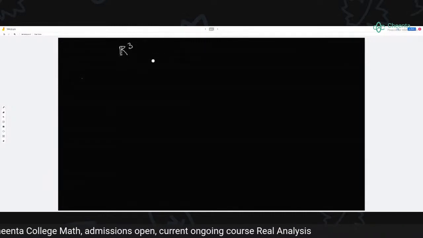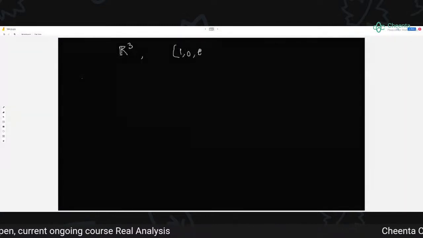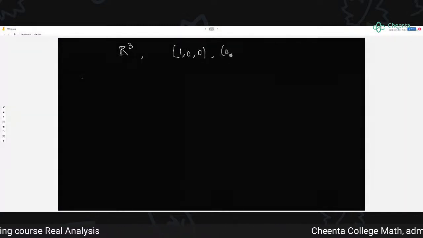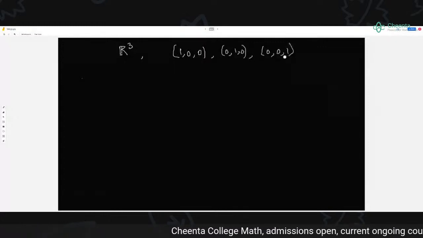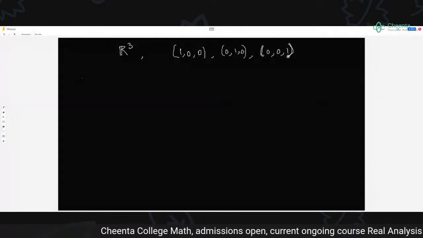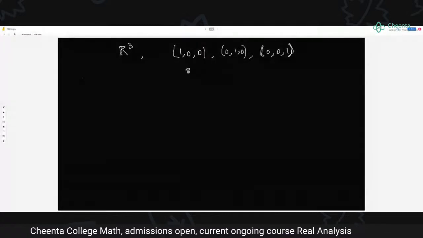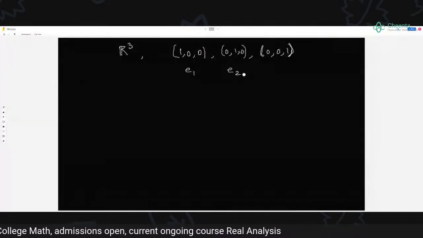Another one is this. R3 is spanned over R by these three vectors: 1, 0, 0; 0, 1, 0; and 0, 0, 1. These are the standard basis vectors.